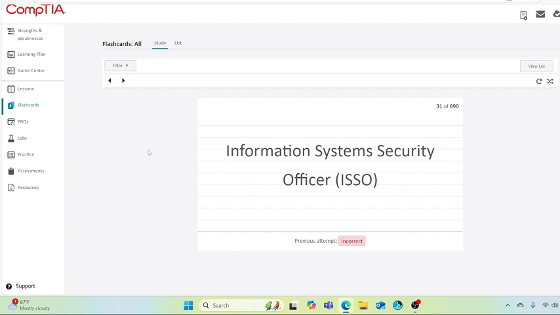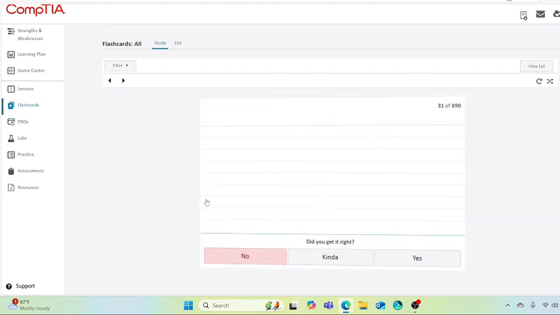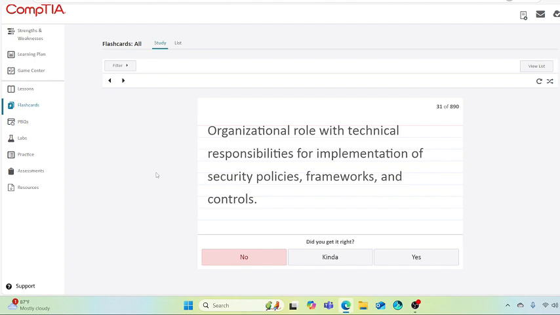Information System Security Officer. Organizational role with technical responsibilities for implementation of security policies, frameworks, and controls.